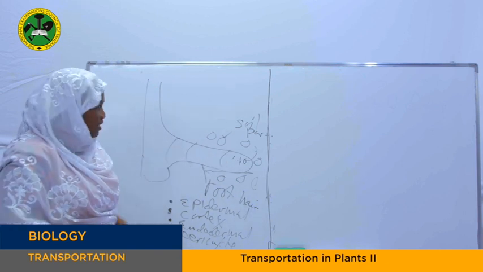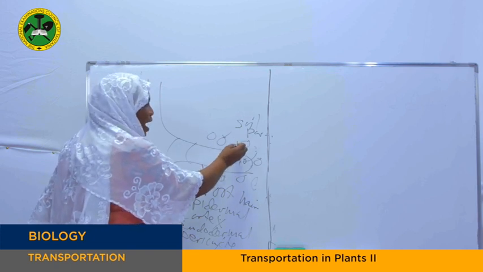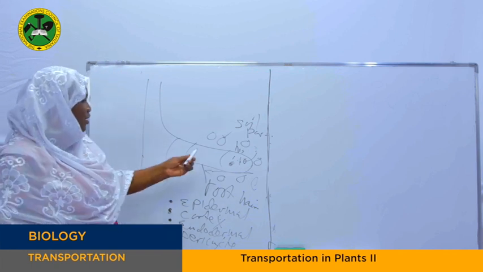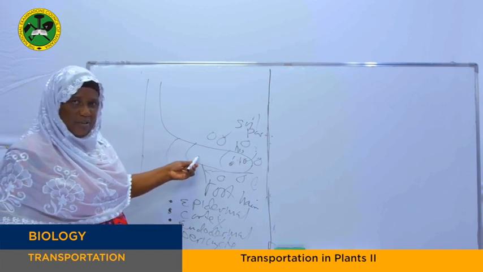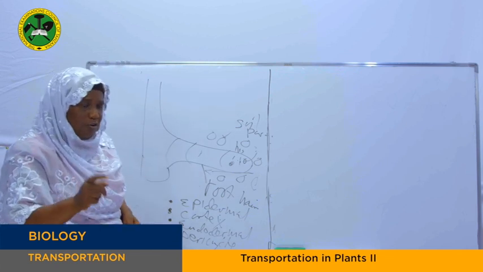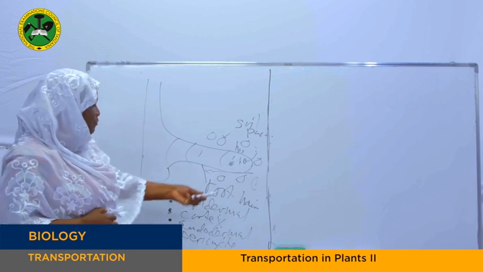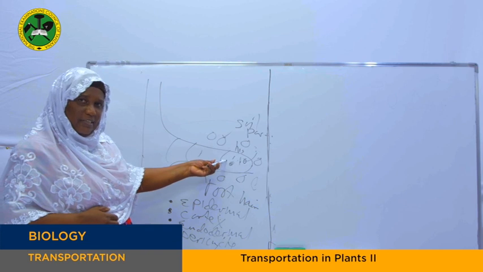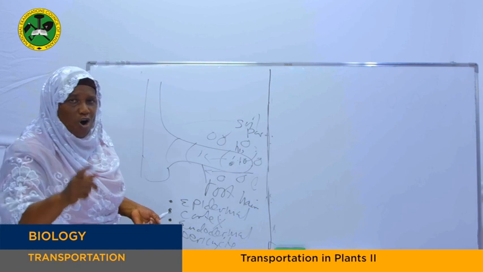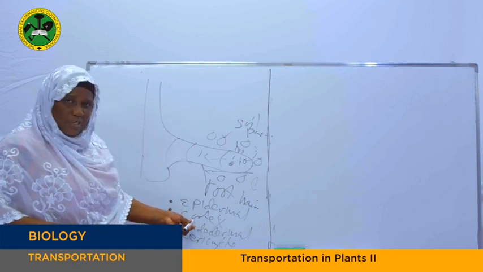Due to that, the water potential in this area will be high compared to the water potential in the cortex cells. This will make water move from the area of high water potential, that means from epidermal cells, to the area of low water potential, that means the cortex.